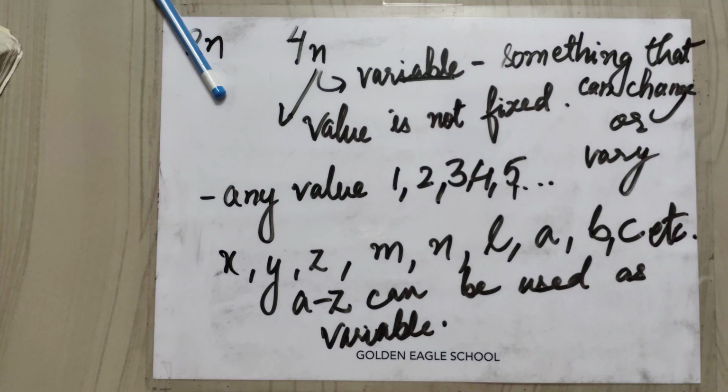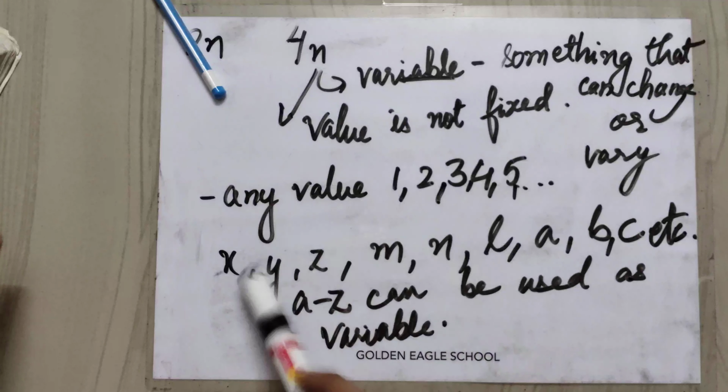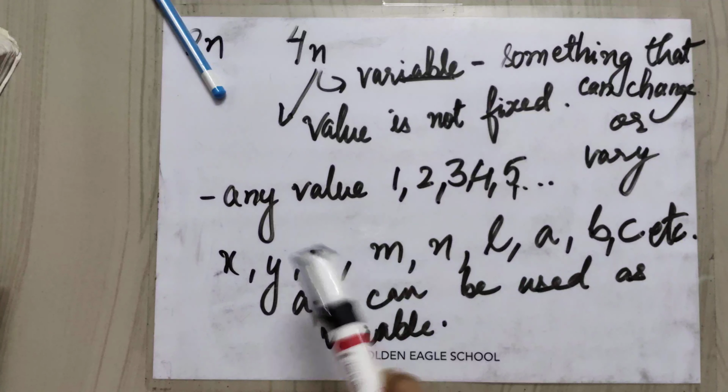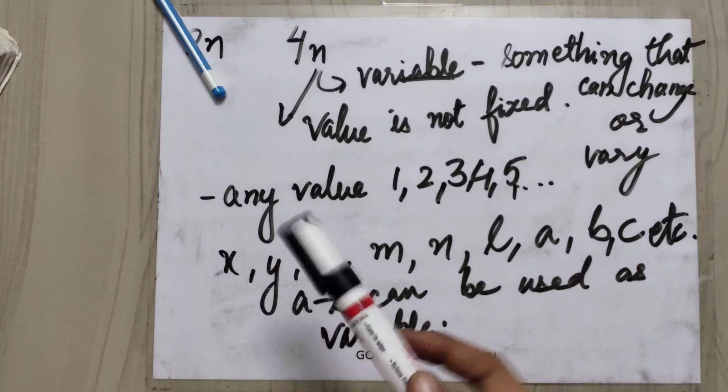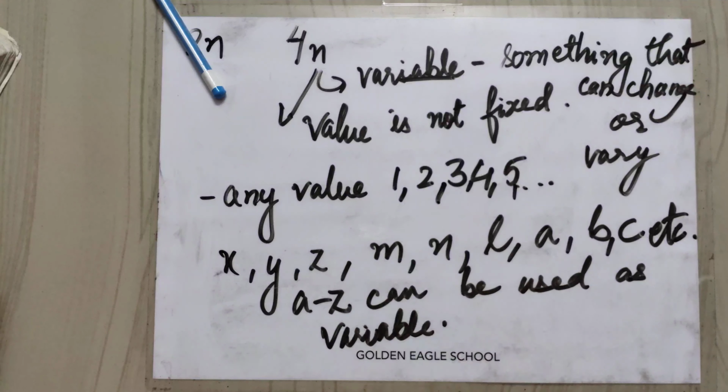If we say, for example, the number 5 or the number 100 or any other given number, it is not a variable, they have fixed values. 5 is 5, 100 is 100, right? And a variable does not have a fixed value. Z can be anything, 1, 2, 3, 4, 500, 200, anything.